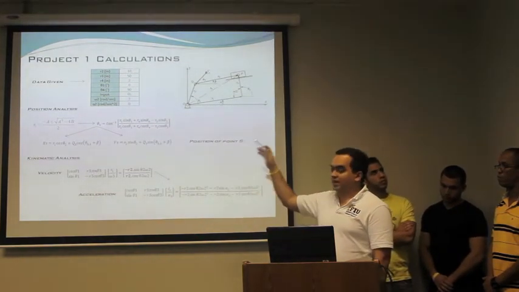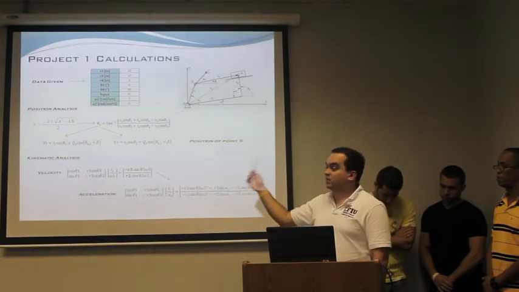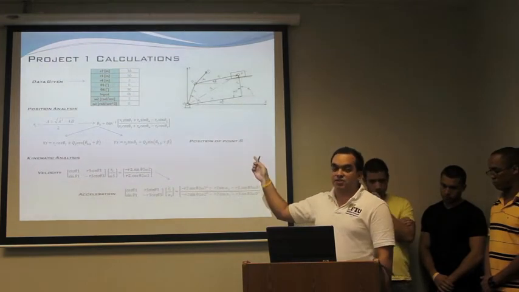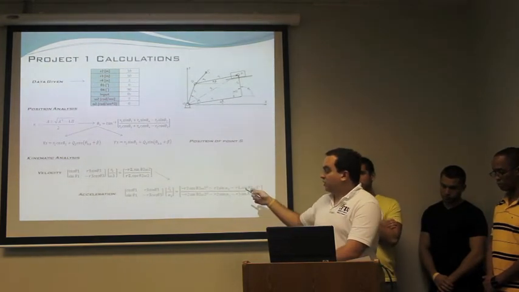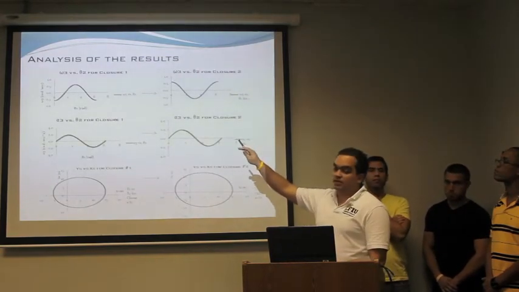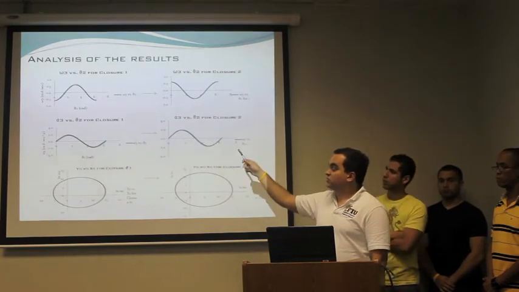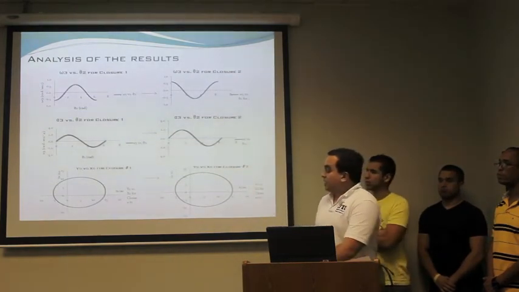So you have to use the length traveled and the angular position of the coupler link in order to calculate that. Here you can see the comparison of the angular velocity and angular acceleration between the two closures of the coupler link.